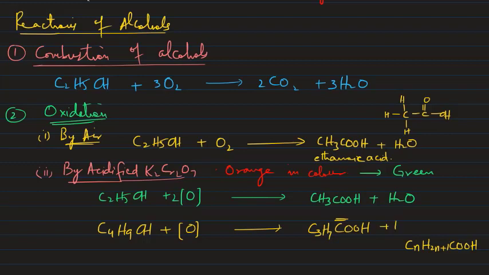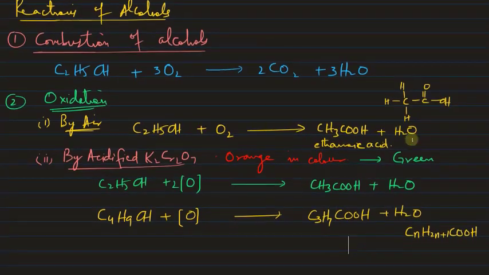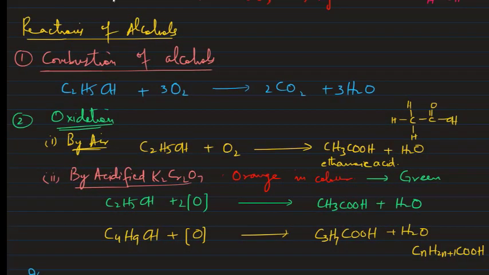So plus water. So any alcohol can be oxidized to form the appropriate carboxylic acid, and you just need to construct the formula. Remember that acidified potassium dichromate requires heating.